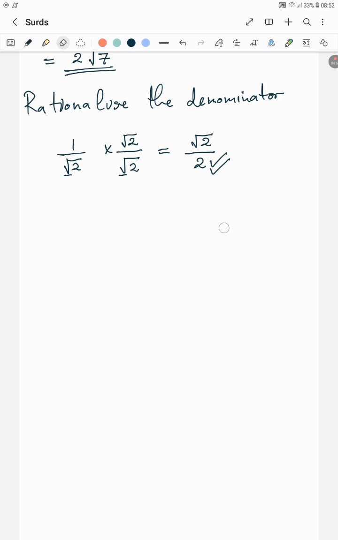Let's look at another question. If we have here root 3 over root 5, and you have been asked to rationalize it, you look at the denominator, and the denominator is root 5, which means you have to multiply it by another root 5. And what you do to the denominator, you also do to the numerator, which means here you're multiplying both by root 5.